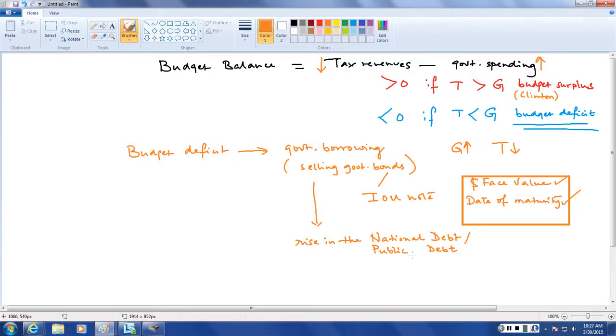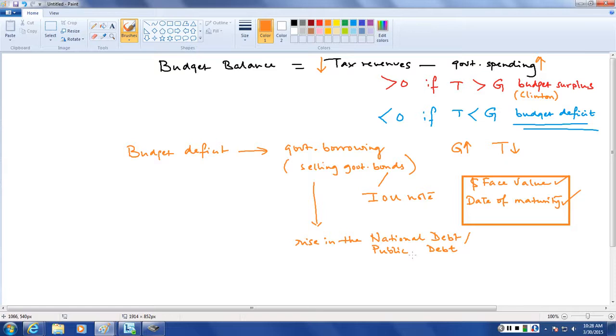You follow me? So the national debt is the total indebtedness of the government. This is the money that the government owes its creditors. Correct? So every time the government borrows, it adds to this national debt. And what is the national debt? The national debt can be thought of as the sum of all past borrowing, right?